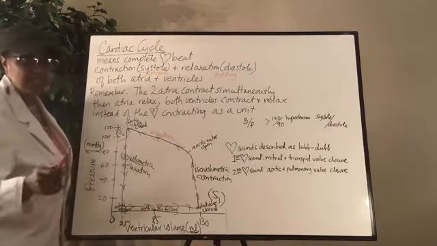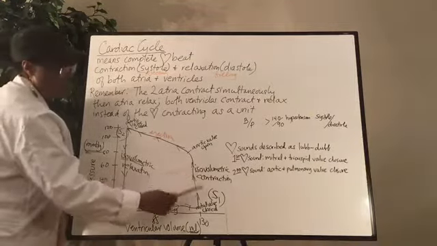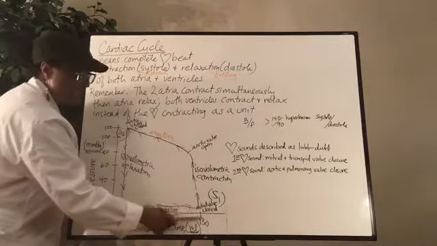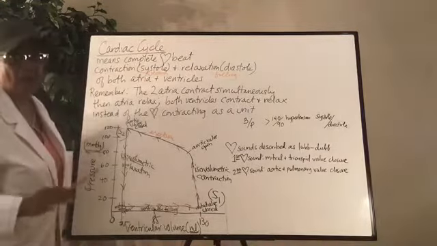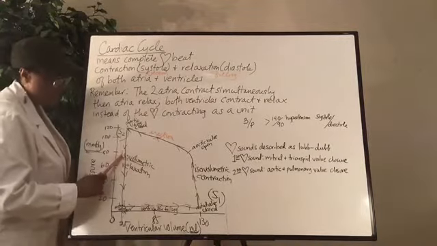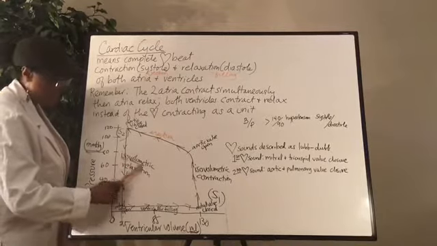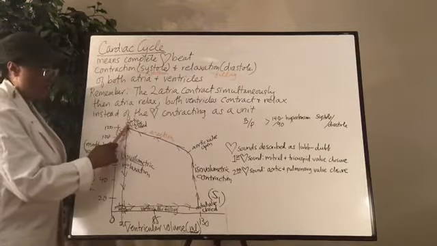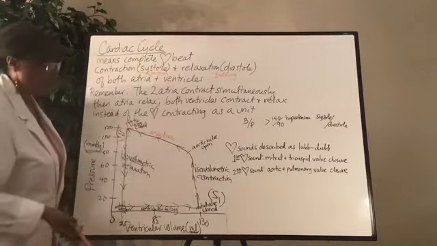Oh, and I wanted to mention that some authors call the first sound also isovolumetric contraction, but really it's the closure of the valve that's the sound. Some authors will say S2 is isovolumetric relaxation, but really it's the closure of the valve. In this case, the aortic valve closes.